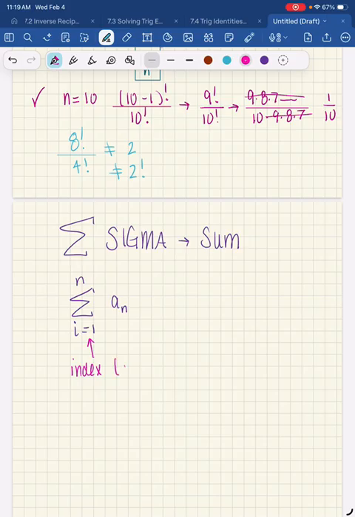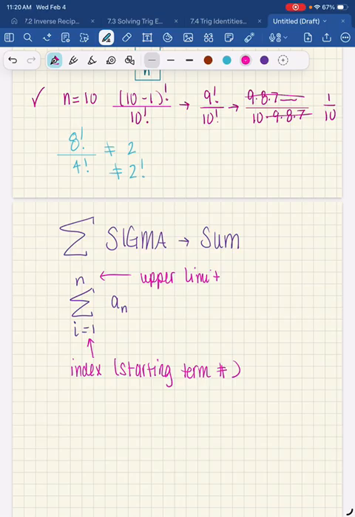And essentially, it is your starting term number. Okay. N is called the upper limit. Basically, where are you going to stop? And then this is the formula for the sequence.